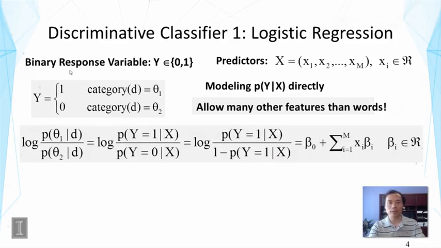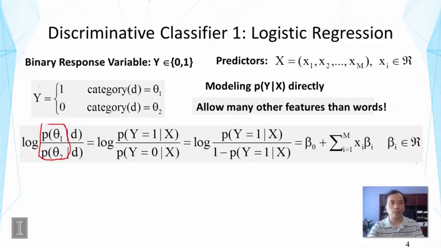So more specifically, in logistic regression, the assumed functional form of y depending on x is the following. And this is very closely related to the log odds that I introduced in the naive Bayes, or log of probability ratio of the two categories that you have seen on the previous slide. So this is what I meant, right?